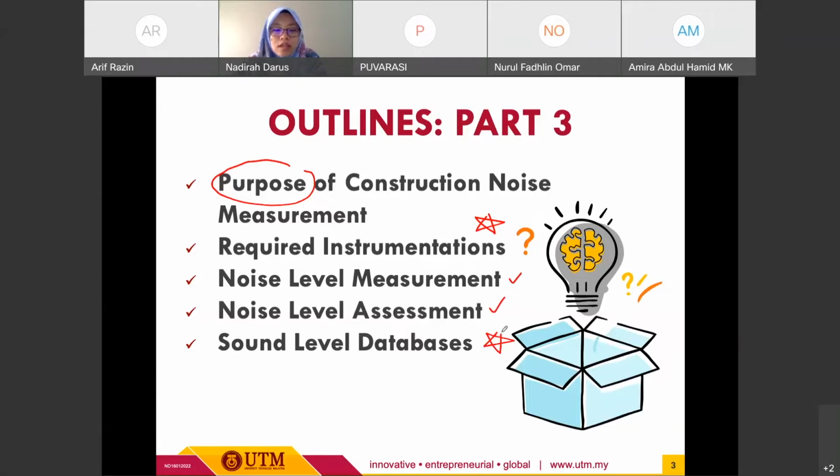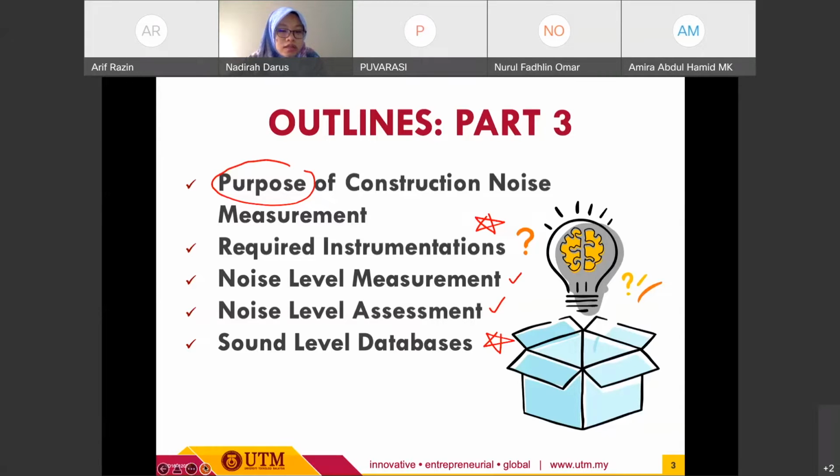Meaning existing and available databases related to the sound level for each plant and machinery. Okay. So far okay everyone?